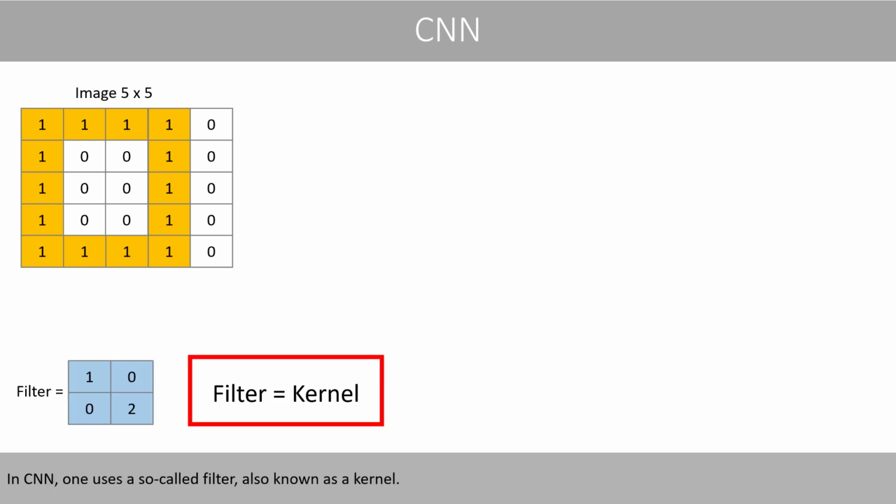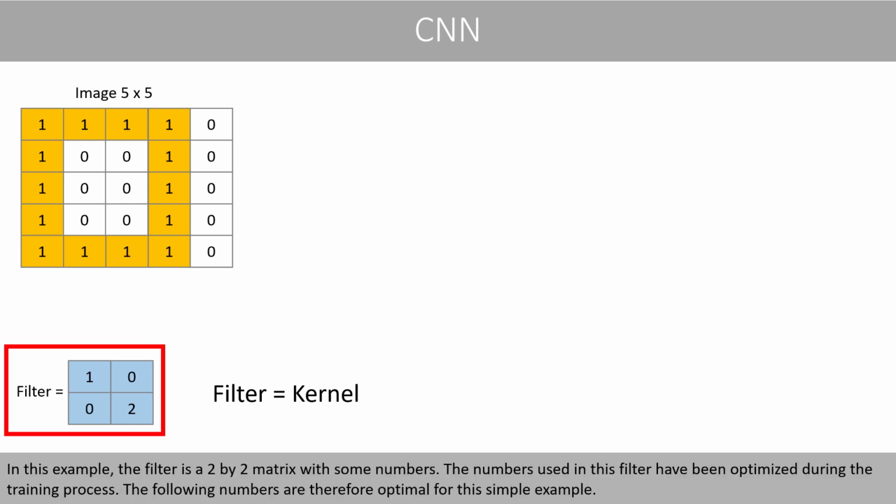In CNN, one uses a so-called filter, also known as a kernel. In this example, the filter is a 2x2 matrix with some numbers. The numbers used in this filter have been optimized during the training process. The following numbers are therefore optimal for this simple example.